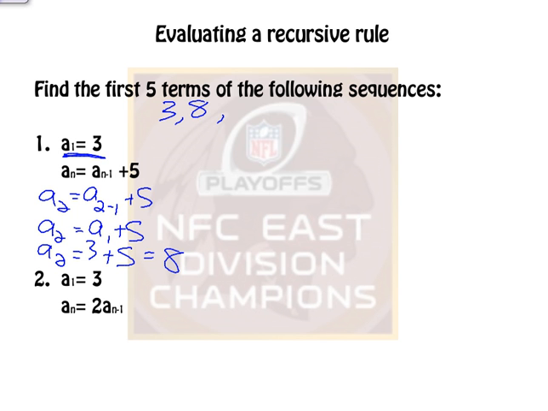But just in case, for a sub 3, I'm just going to do a sub 3 minus 1 plus 5. So a sub 3 equals a sub 2 plus 5. And I just found that a sub 2 was 8. So that would be 8 plus 5, which would give you 13.